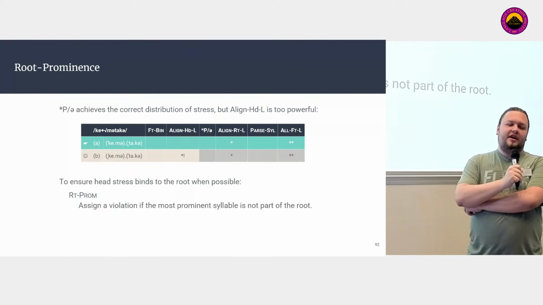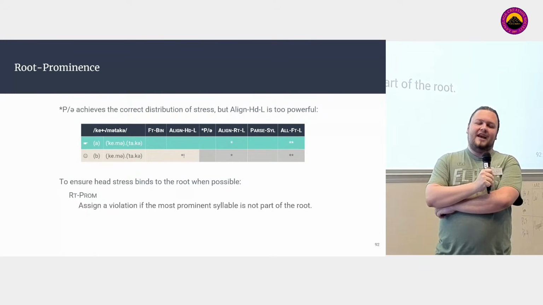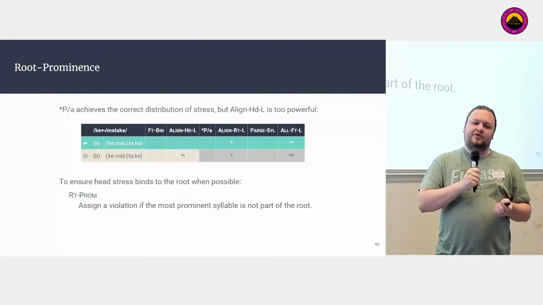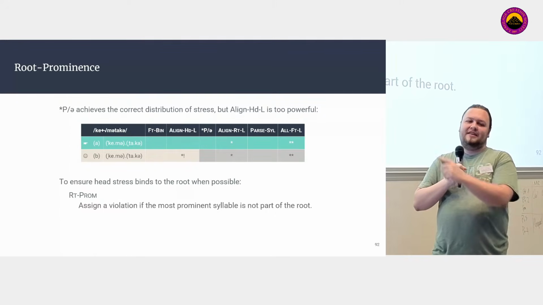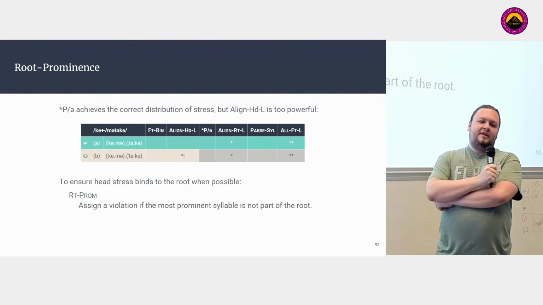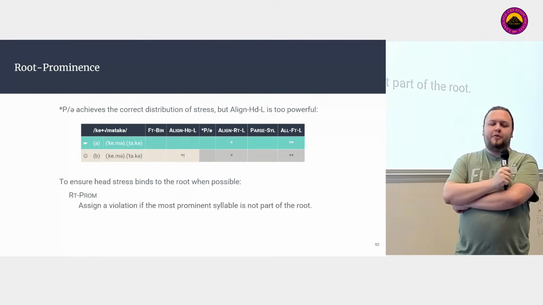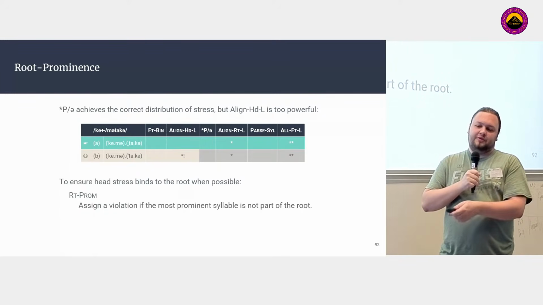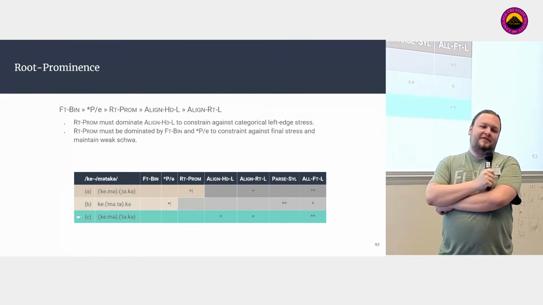So yeah, star prominent schwa achieves the correct distribution of stress, but the head constraint on where to place the primary stress syllable when there's no nasal vowels is a little bit too strong, because in Praat, kemataka actually has a higher peak on the second foot, but with the align head left constraint right now, we would get kemataka with initial head stress. So I propose root prominence, where if there is ambiguity between where to put the head stress, put it on the root, if nothing else is the deciding factor. And this basically just takes over the position of align head left.